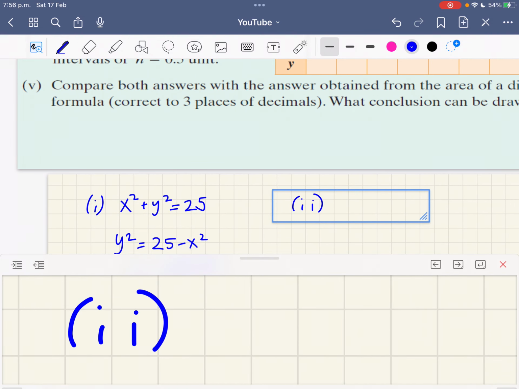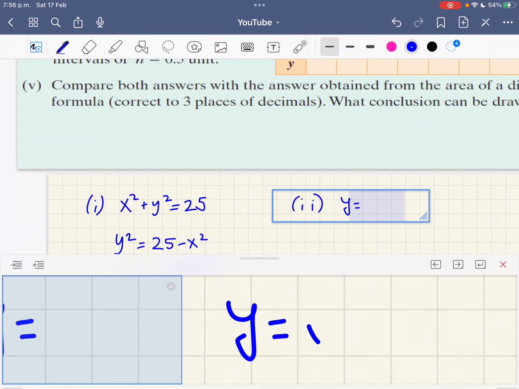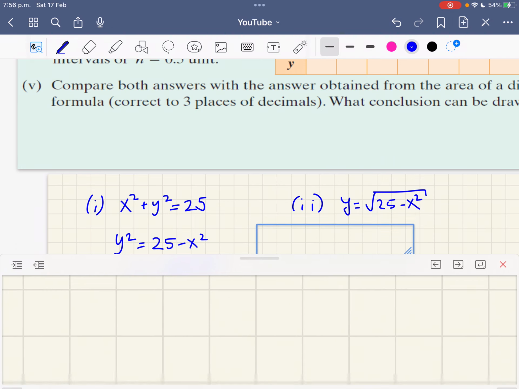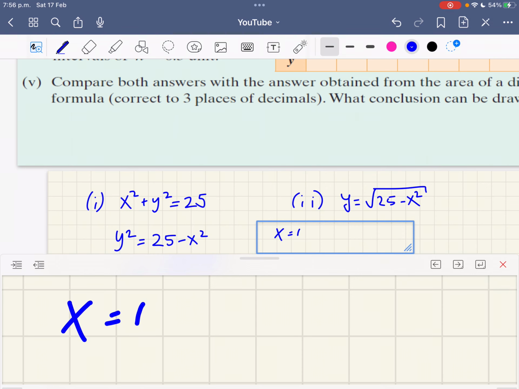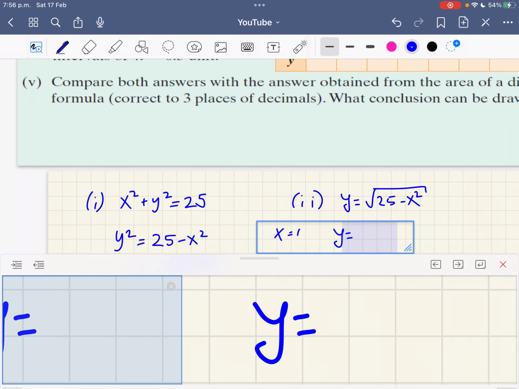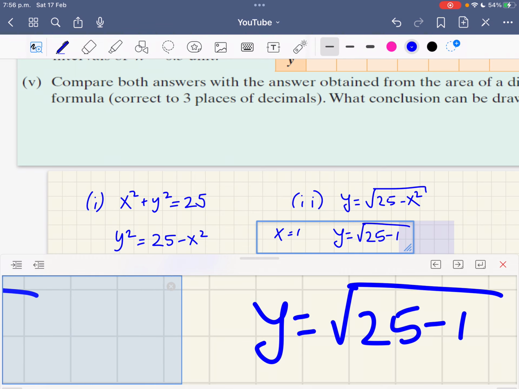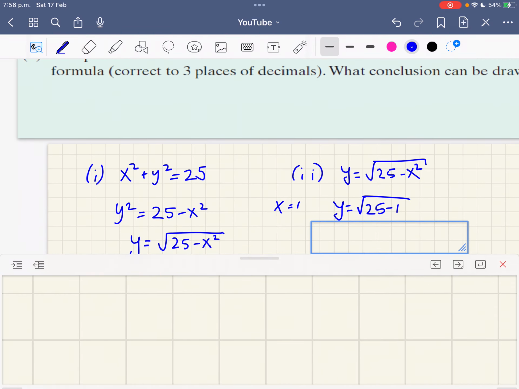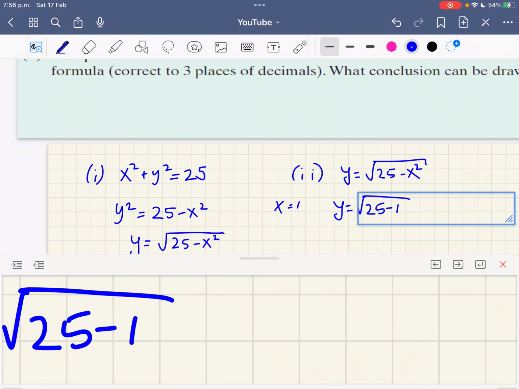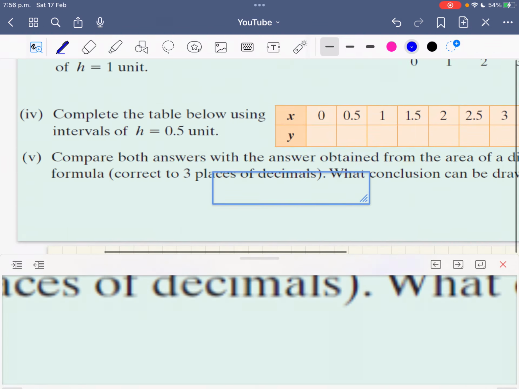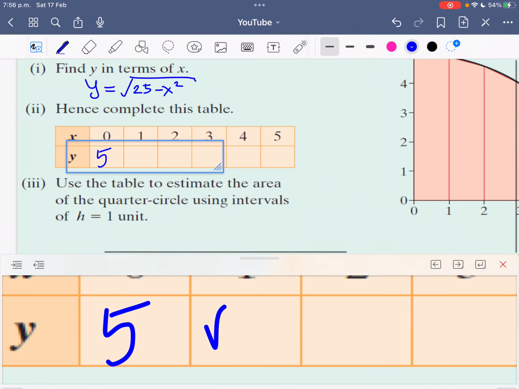Part 2, y is equal to the square root of 25 minus x squared. So when x is 1, y is equal to the square root of 25 minus 1 squared, which is just 1. So we get the square root of 24. And the square root of 24 is going to be a long decimal, so I'll just write that up here. Square root of 24.